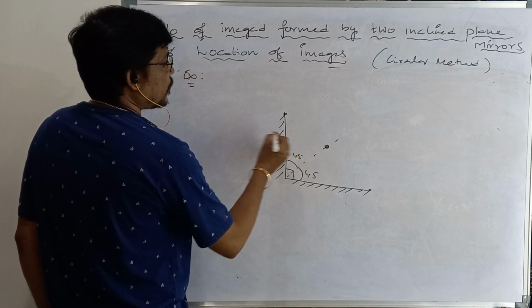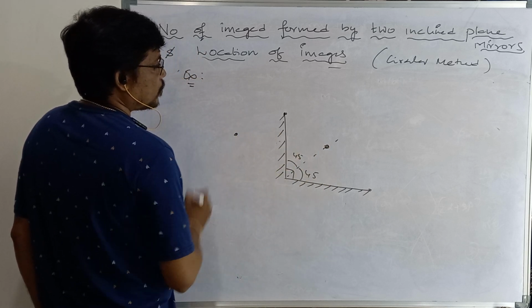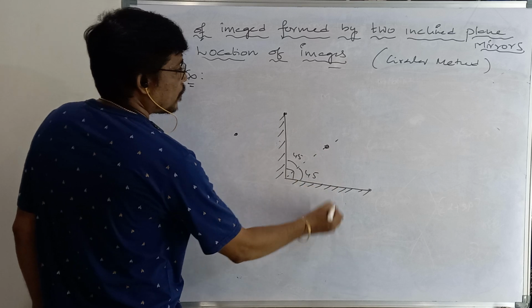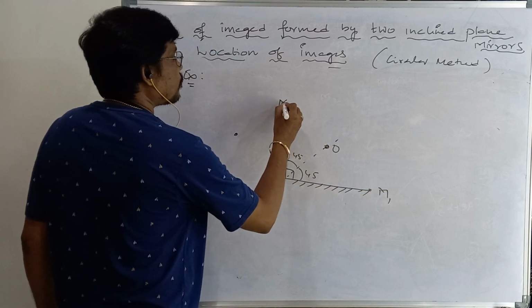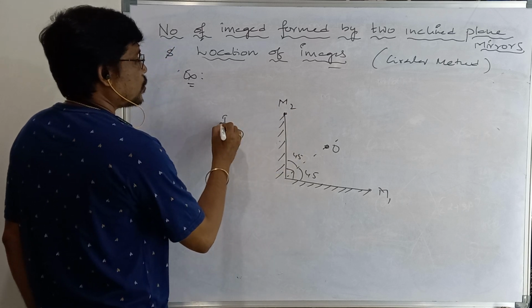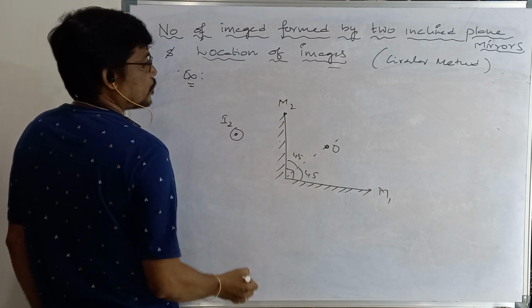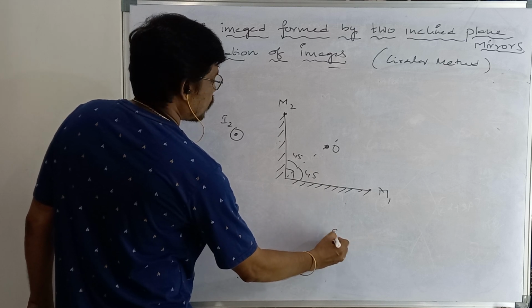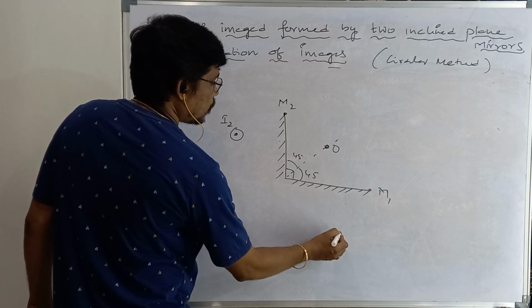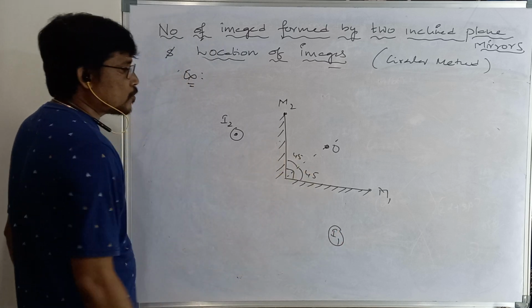For this mirror, an image is formed. For this mirror, this is the object. This is M1, of course, and this is M2. So here one image is formed, I1, because of the mirror. I will explain how I1 is formed.